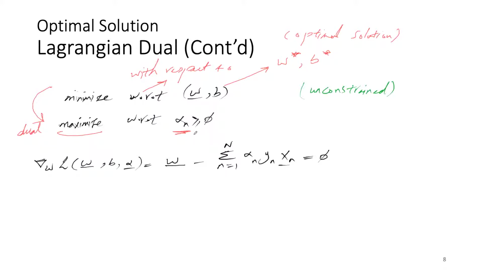So, just like what I mentioned 2 slides ago, when we want to find the parameters, in this case, we want to find w. So we need to get the gradient of the Lagrangian function and set it equal to 0, treating w as a parameter, right?